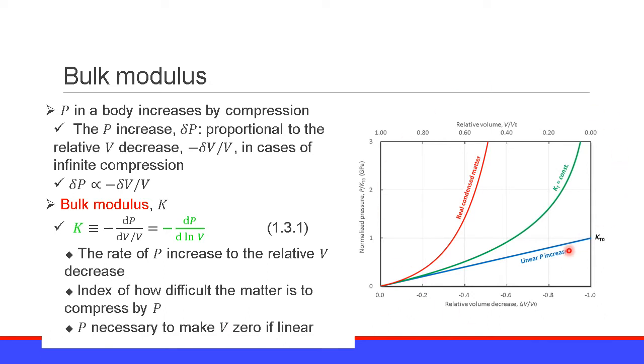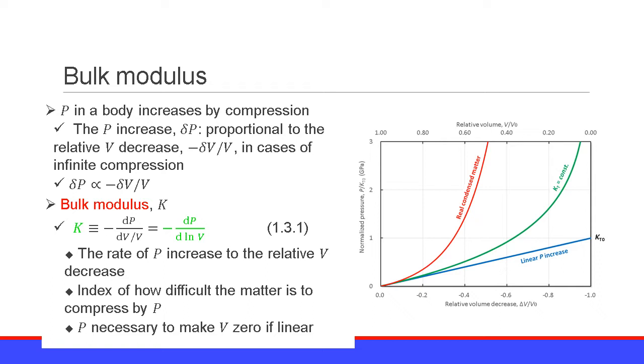This diagram explains this point. This diagram shows the normalized pressure relative to the relative volume. The vertical axis is the pressure normalized by the bulk modulus K. The upper horizontal axis is the relative volume V over V0.